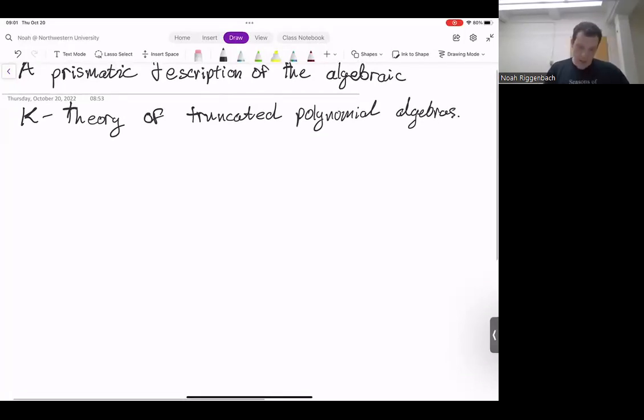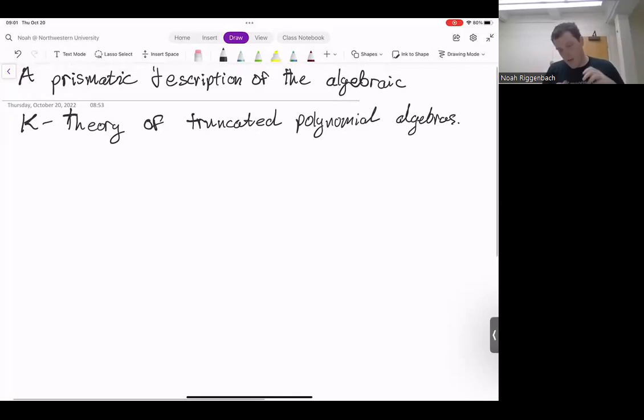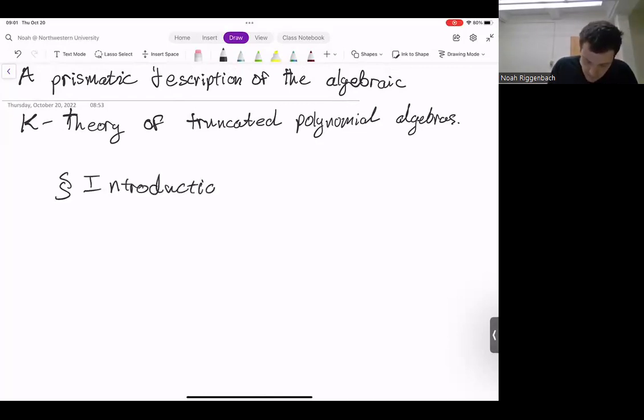Okay, so I'm going to talk about a prismatic description of K-theory of certain rings. To get started, let me talk a little bit about what objects we are studying.